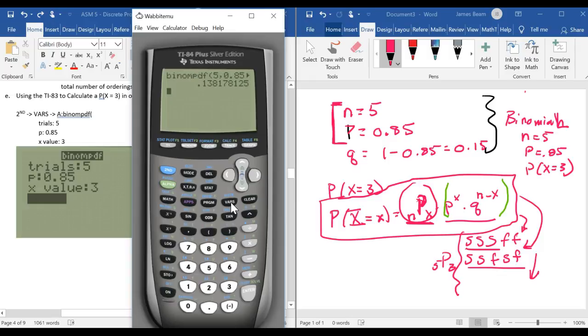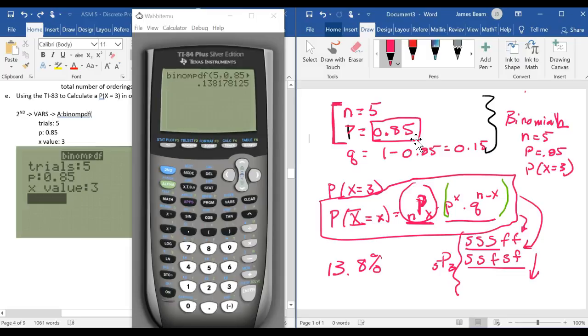I hit enter, and that gives me 13.81, which means that if I grabbed 5 adults at random with an 85% chance that each one knows how to use Instagram, I have a 13.8% chance of grabbing a group of 3 Instagram-using adults and 2 who are not.